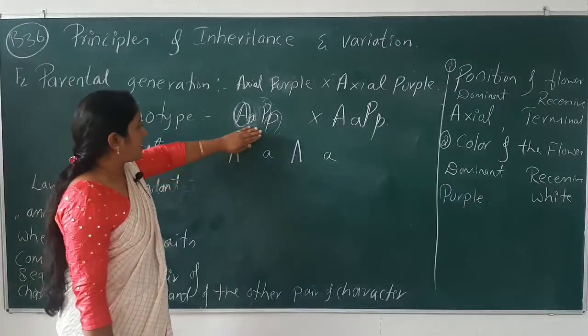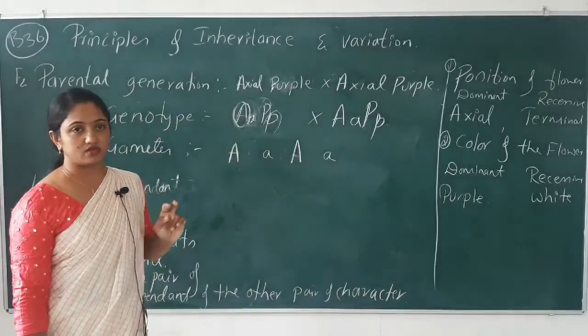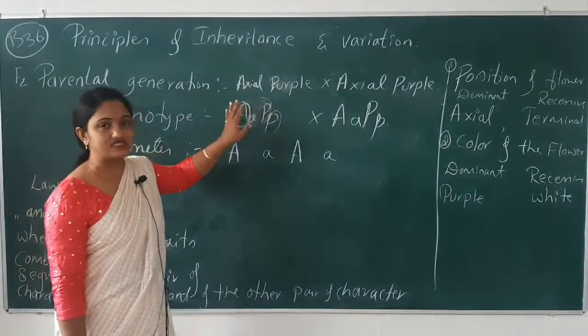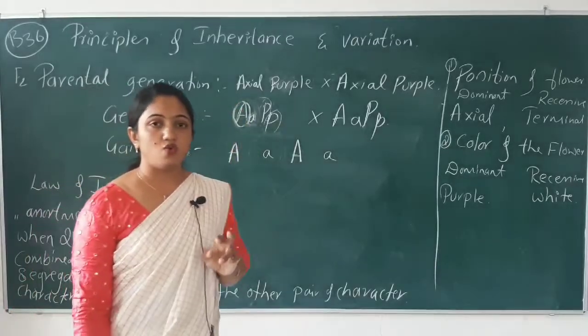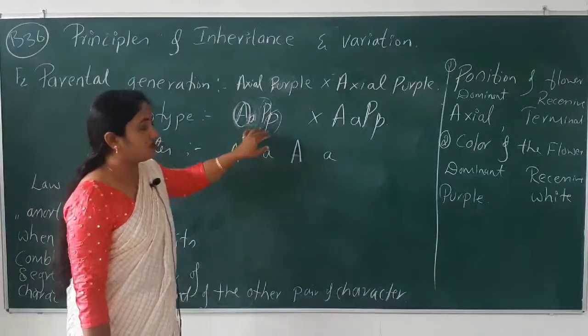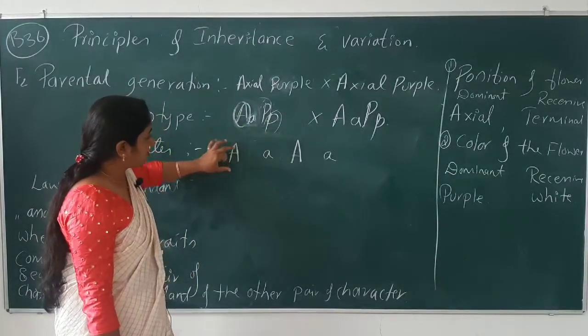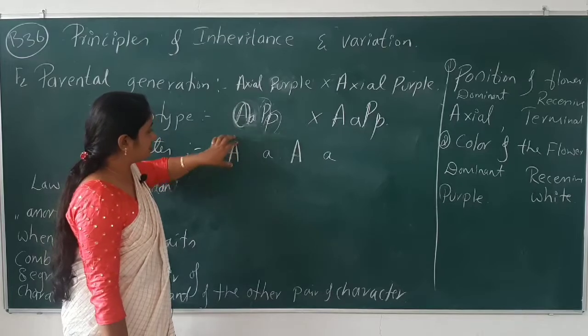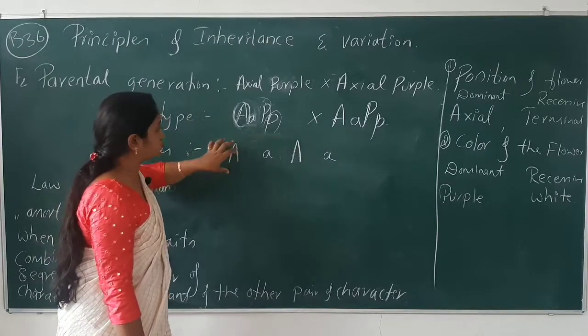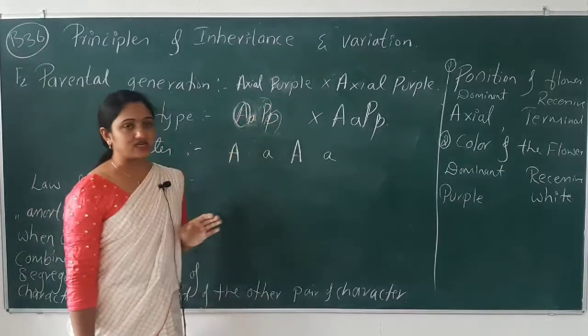Now, as we are in the inheritance of two genes, this is not about one gene, or one contrasting character. We have selected two characters. Meantime, this gamete is taking the dominant gene, and it has to take one gene from one more character.